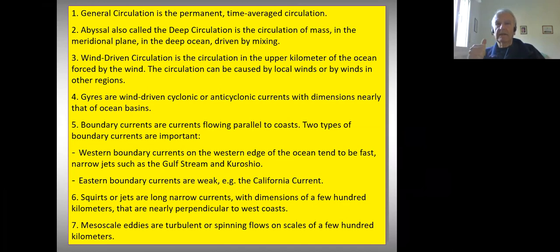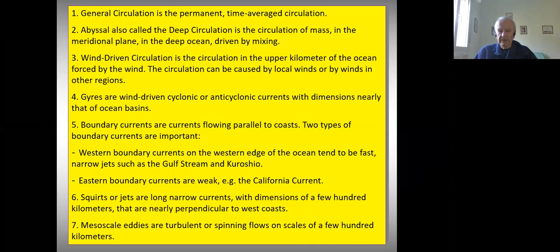The first basin-wide circulation is the general circulation of the world ocean, which is the permanent time average circulation. How do we get this general circulation? As the definition says, it is the time average circulation.